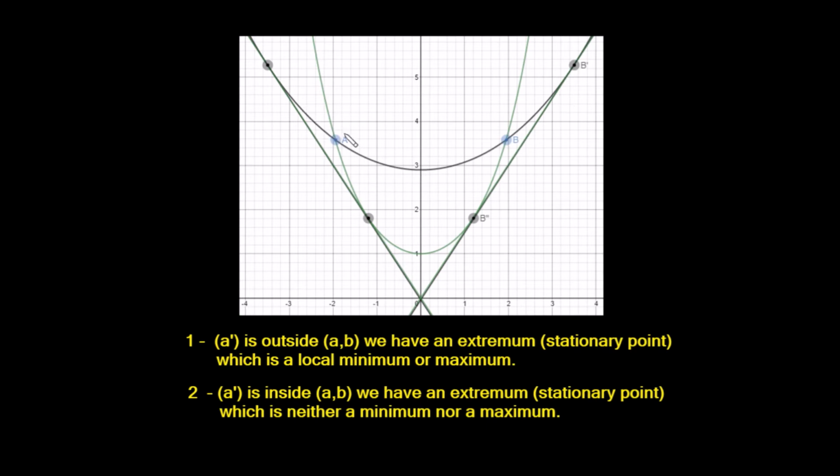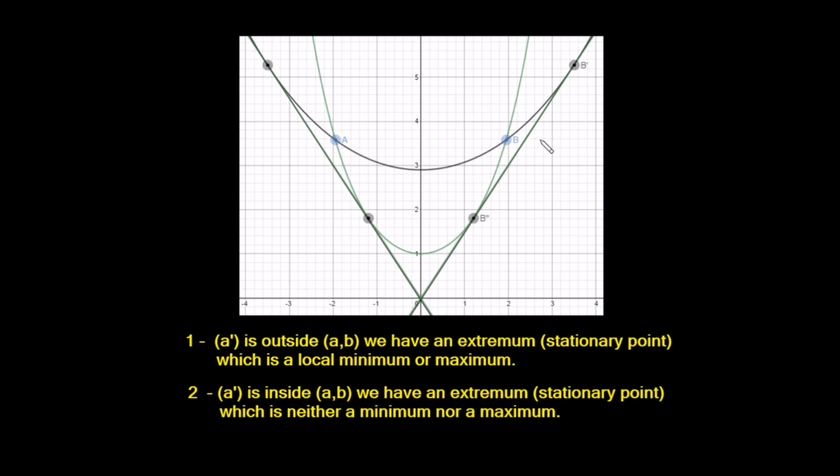In the second case here we go from A to B, but we're going to pass through the conjugate points, either A double dash, which is not shown here, and B double dash, in which case those are within the AB, and we're going to have a stationary point, but it's neither going to be a maximum nor a minimum. So it's the first one here, the black one, that we're interested in.